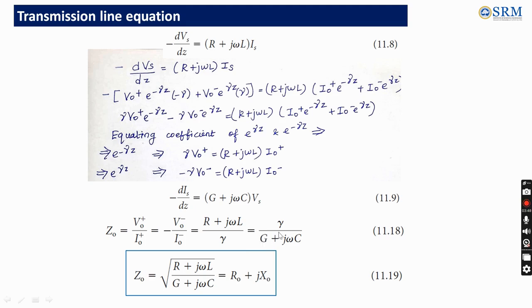Similarly, generally we will write 4 as root of 4 into 4. In this case, one root will get cancelled and we get the term (R + jωL)/(G + jωC) under the root. So the characteristic impedance is going to be a real part plus some imaginary part, reactance. Resistance plus reactance we will get.